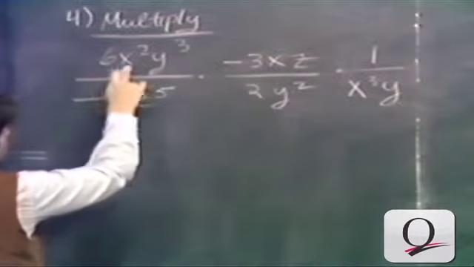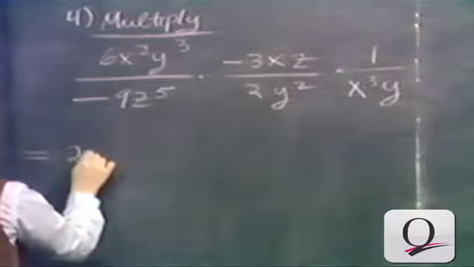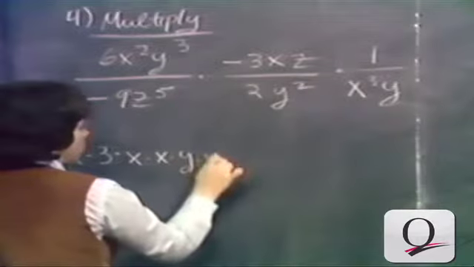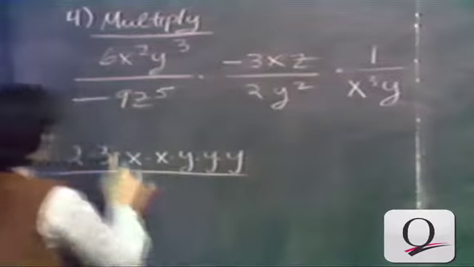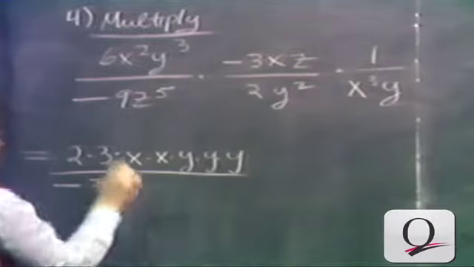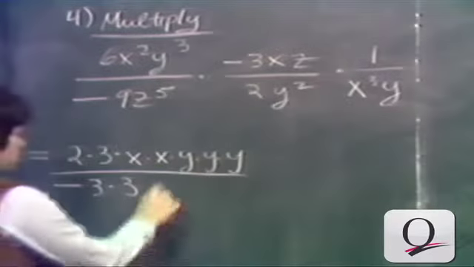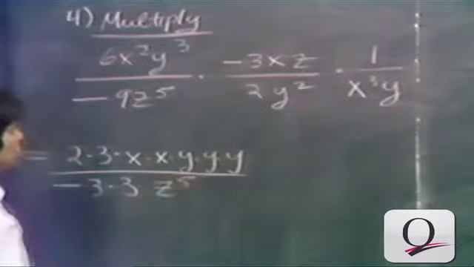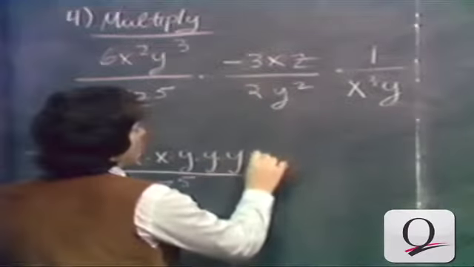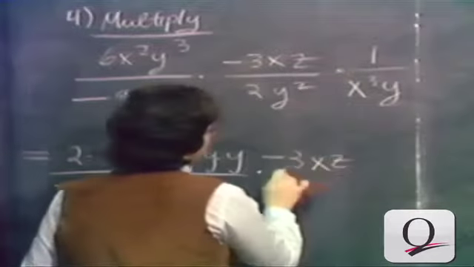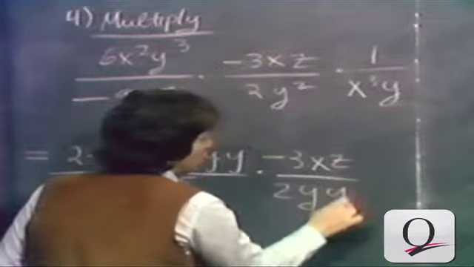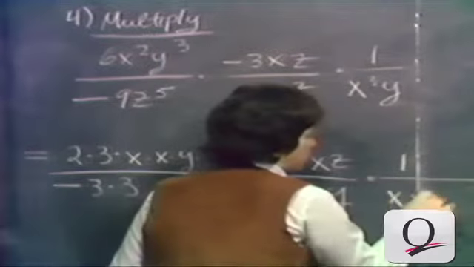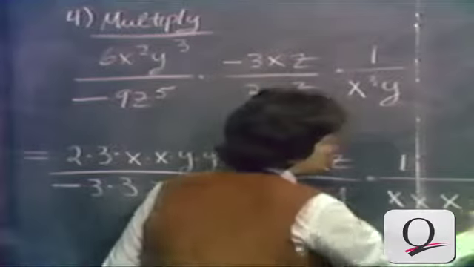Okay, 6x squared y cubed we can write as 2 times 3 x squared y cubed over minus 9, let's make that 3 times 3, z to the 5th. You can actually leave it like that. I'll show it to you both ways. Minus 3xz is factored as far as it goes. 2y squared, 1 over x cubed y.